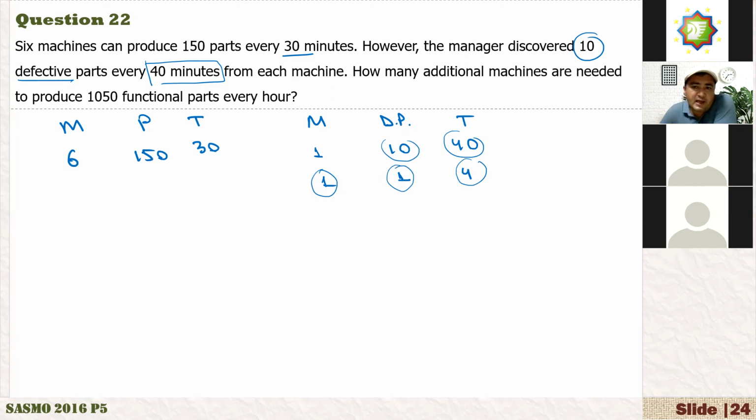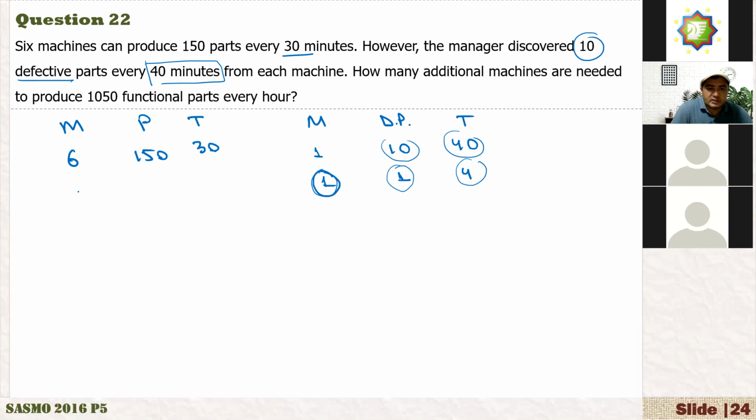Okay, the question is, how many additional machines are needed to produce 1050 functional parts every hour? So how do we solve this? 1 hour and 1050, right?